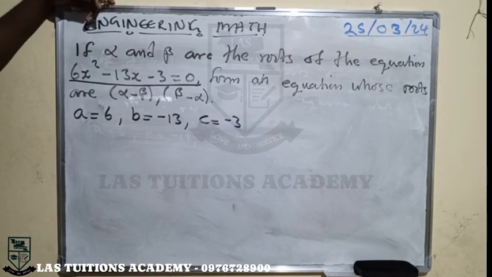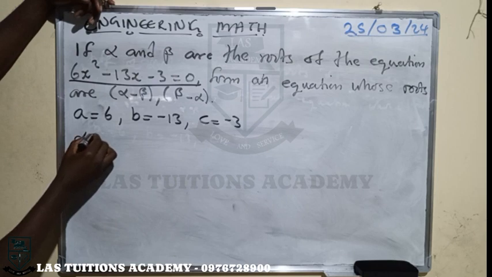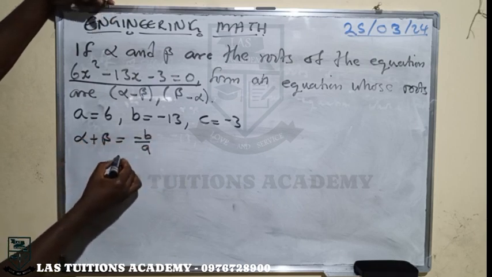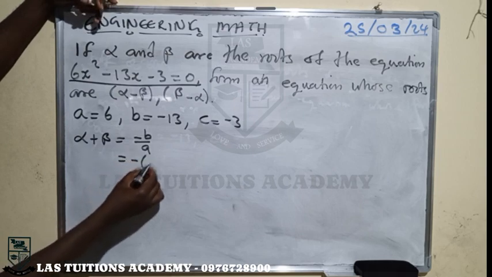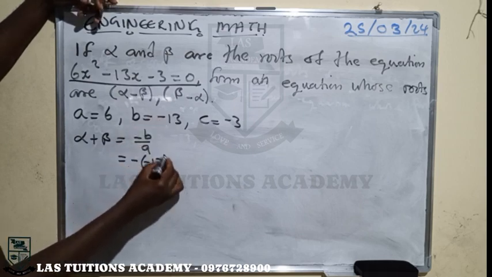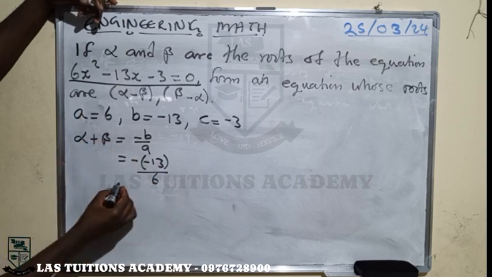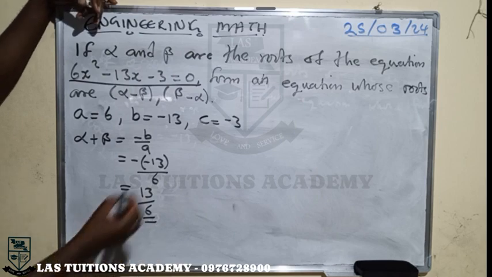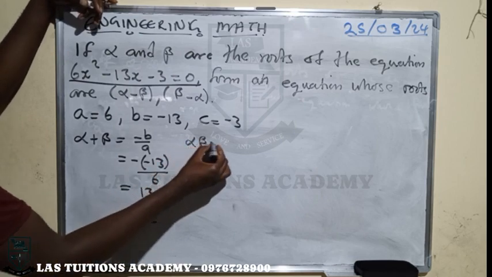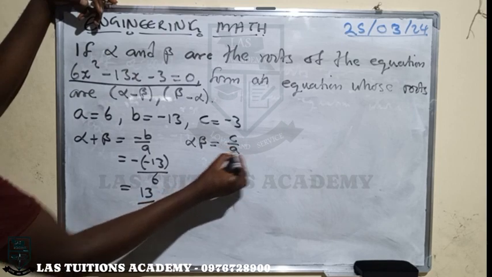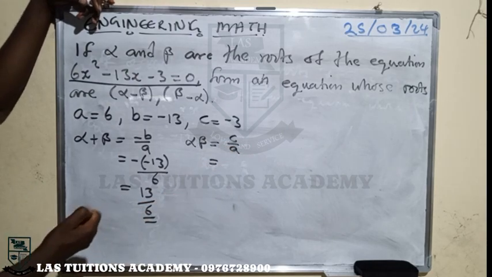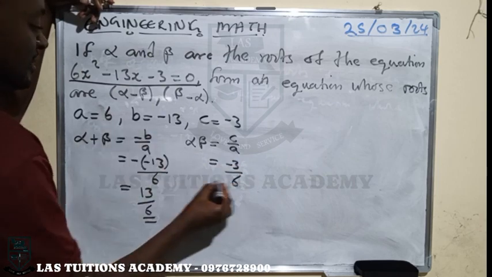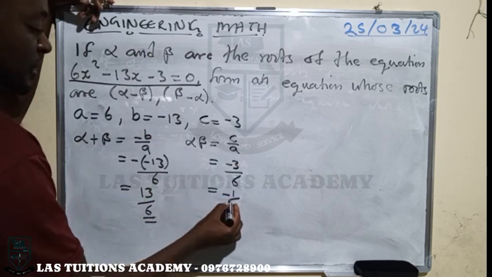So alpha plus beta is equal to negative B over A. So this is equal to negative, our B is negative 13 over our A is 6. So this gives us 13 over 6. That's our sum. Then product alpha beta is equal to C over A, which is our C negative 3, then our A is 6. So when you work out, this is going to give you negative 1 over 2.